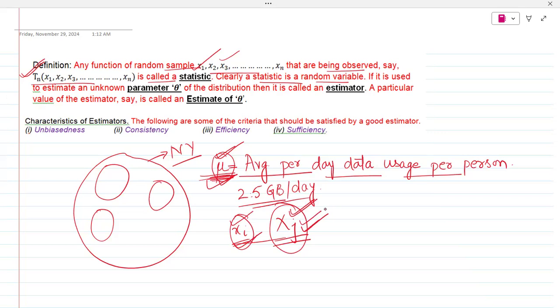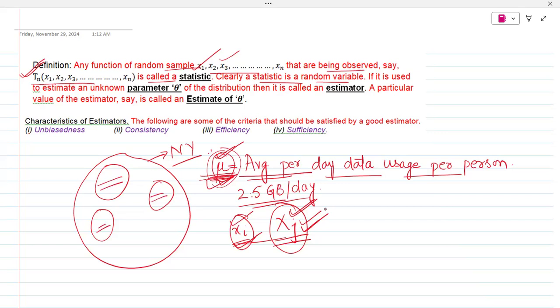Now here we are estimating the unknown parameters. Here, this mu is the average per day data usage. I will try to estimate this mu with the help of the data usage of these samples.